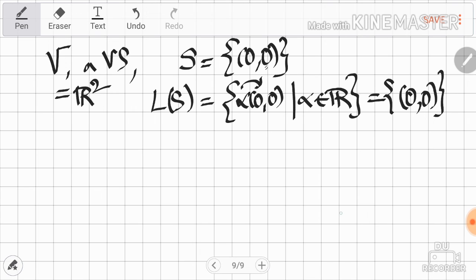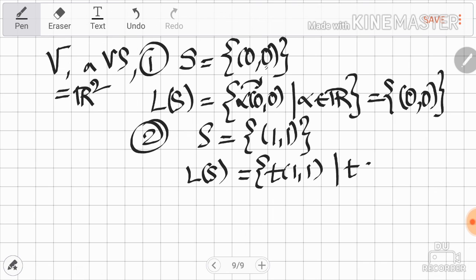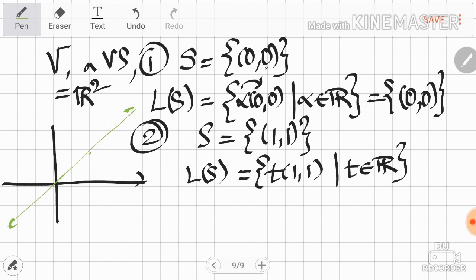So L of S is nothing but the origin. If you consider your S as say the vector 1, 1, you saw that L of S turned out to be the line t times 1 comma 1 where t belongs to R. This was nothing but the line that passed through the origin. And for the first one, it was nothing but the origin.